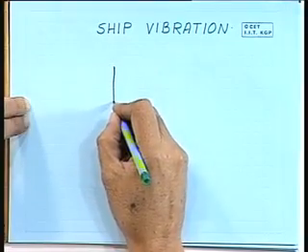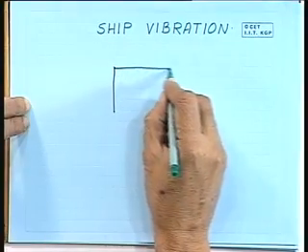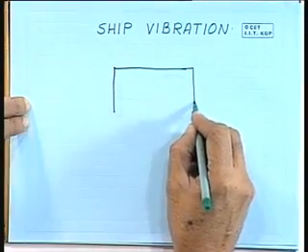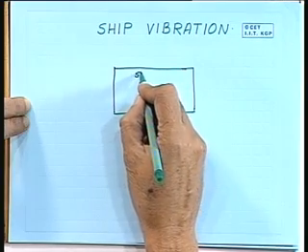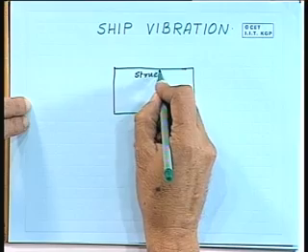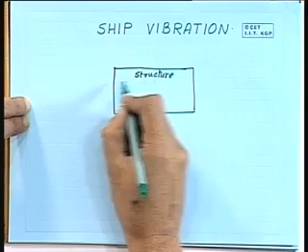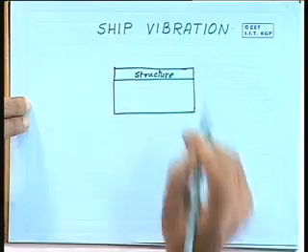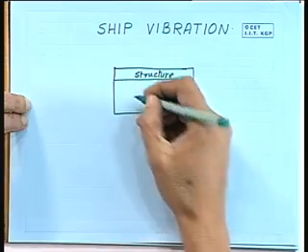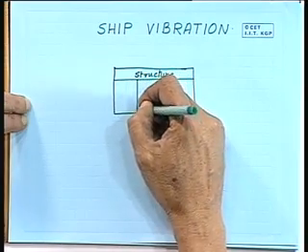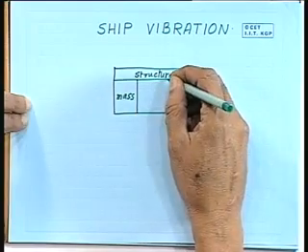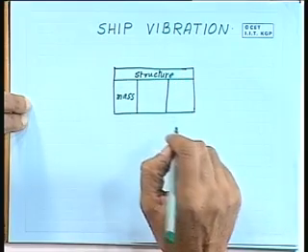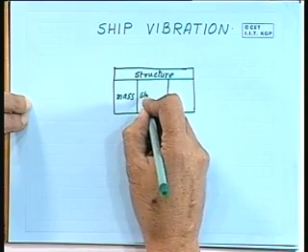So that we can try to put it down in a block structure like this, on a block diagram. We say this is a structure. And how is the structure defined? Structure is defined by its mass. It has mass. It is made of elastic material, and therefore it has got some stiffness.